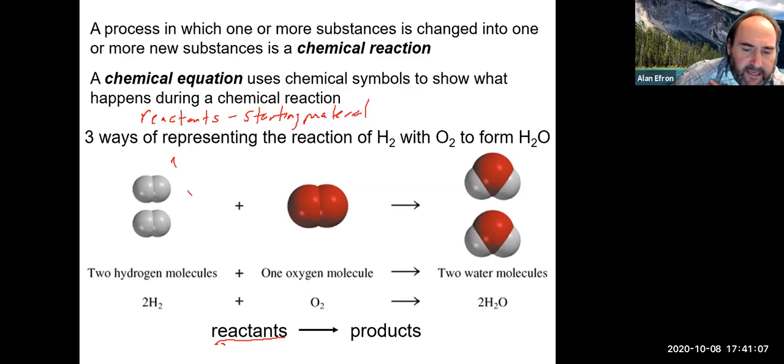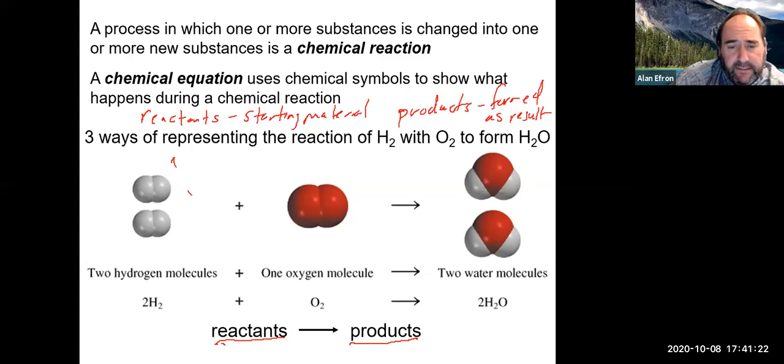On the right-hand side of the arrow, we have our products, which are the substances that are formed as a result of a chemical reaction. A couple other things that we commonly see in chemical equations, in addition to the formulas, are symbols written next to each of these species.